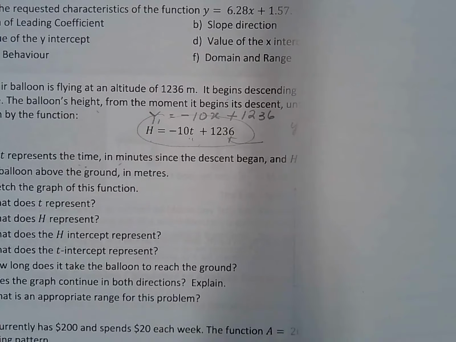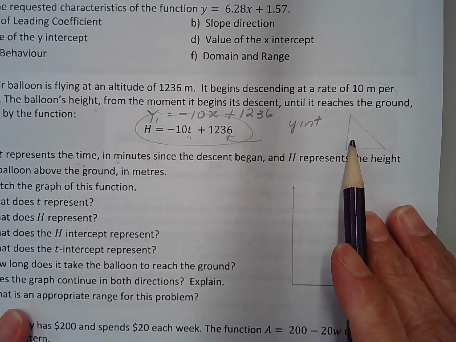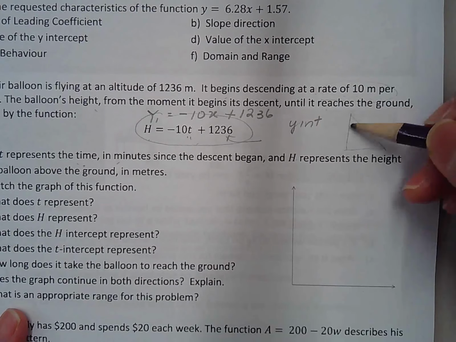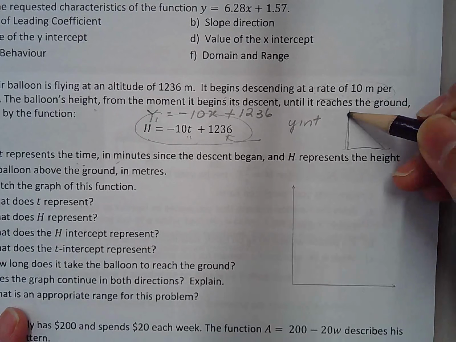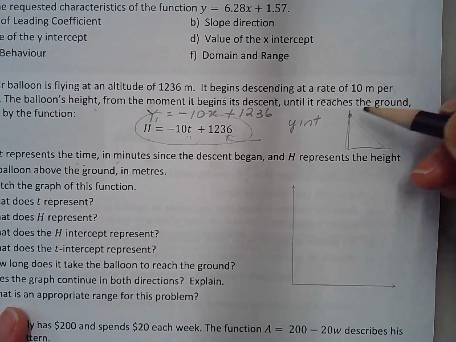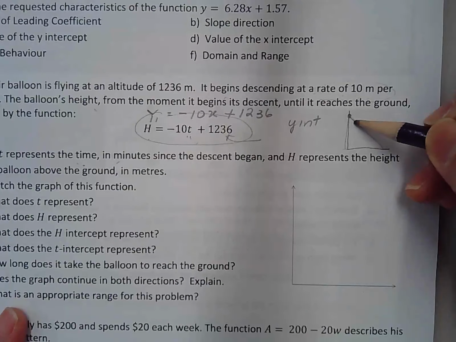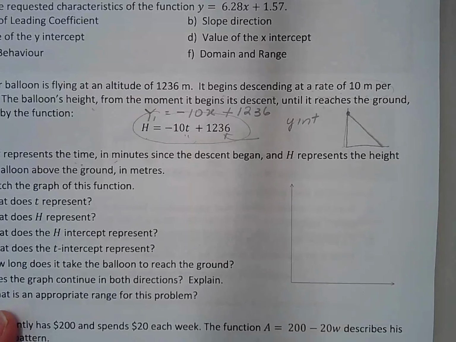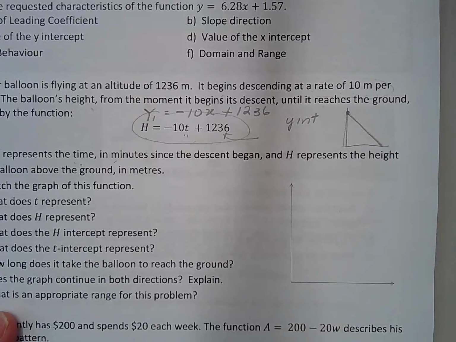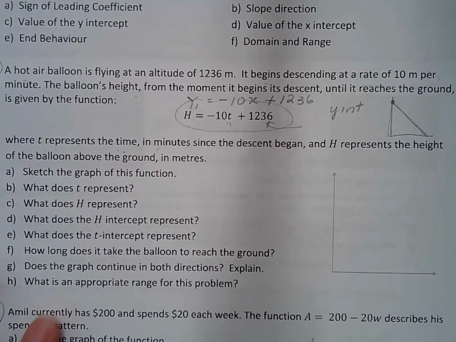So in this case, if it's in quadrant 1, we can see that, oh, okay, that's our y-intercept, and it's gonna go down. It's gonna go down. Okay? So how do we go from there?